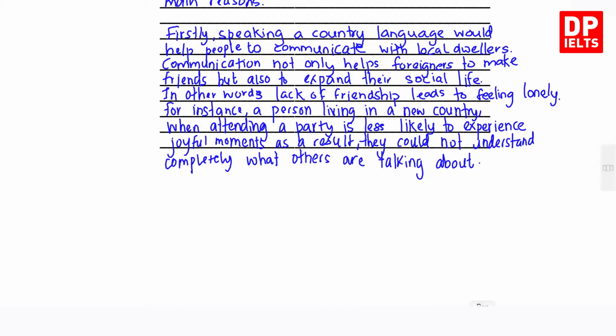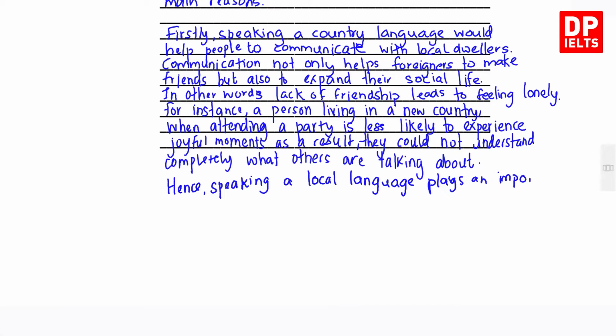Hence, speaking a local language plays an important role in socializing.